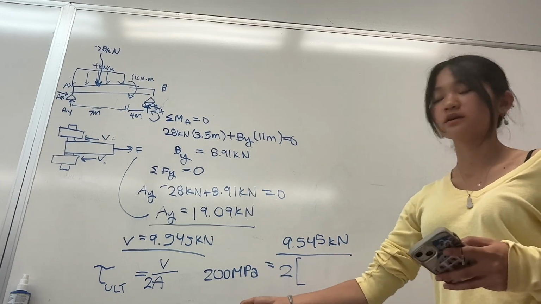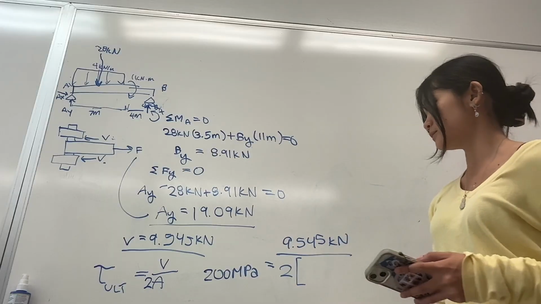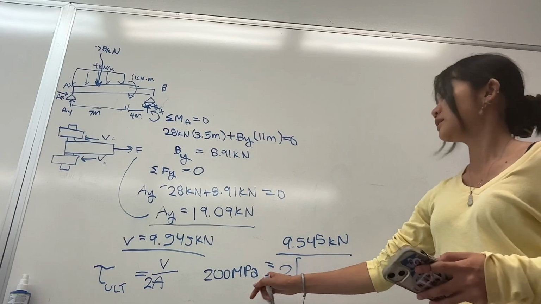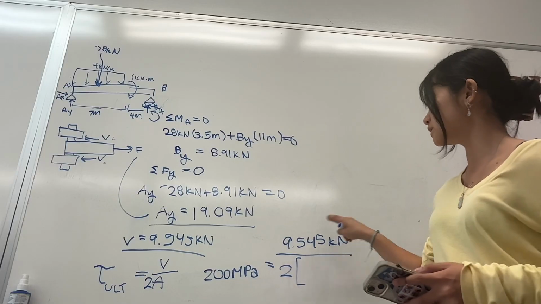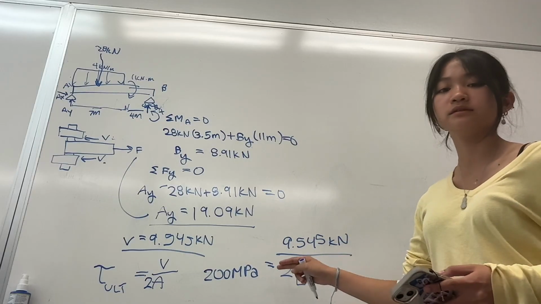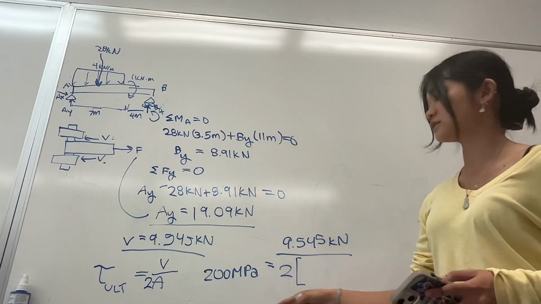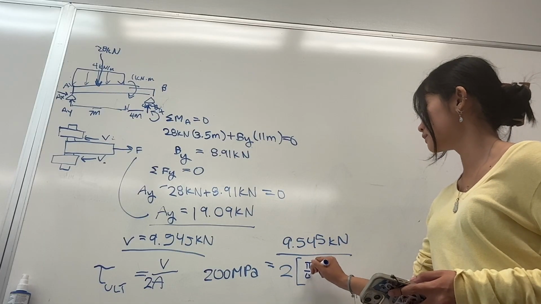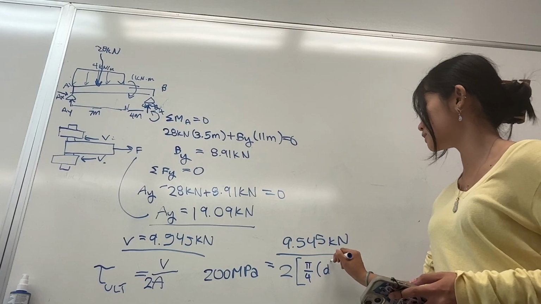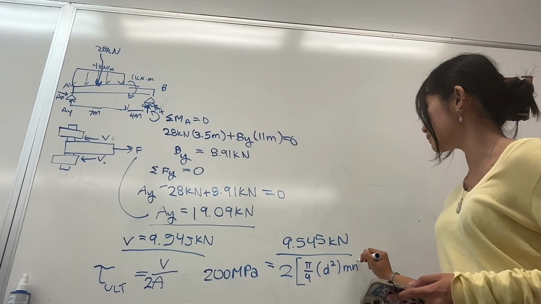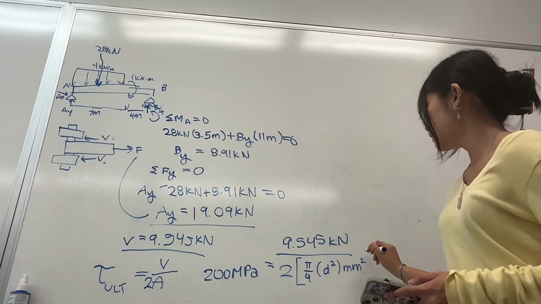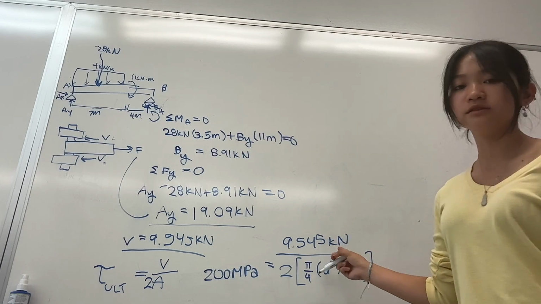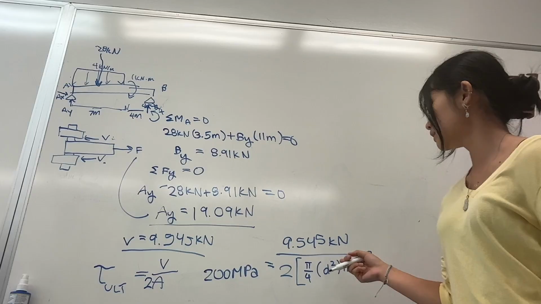And like in our previous problem, we can use these two values to solve for our missing value. So area, pi over 4, diameter squared, and then millimeter squared. We can actually convert our kilonewtons right here to newtons.